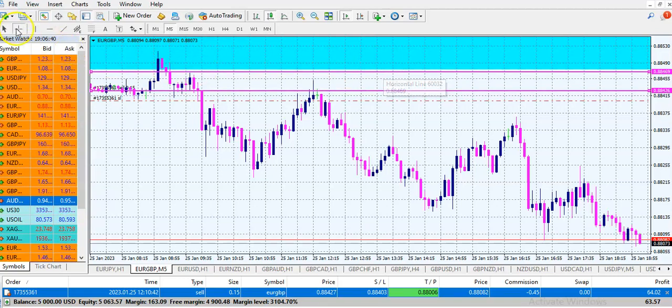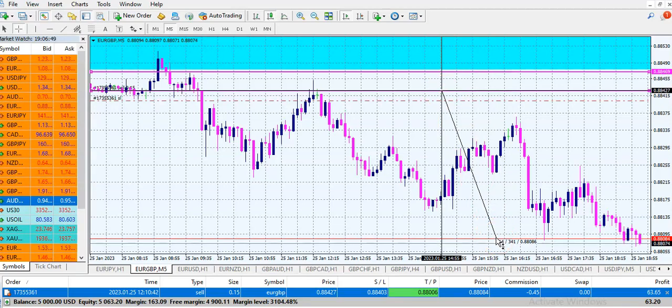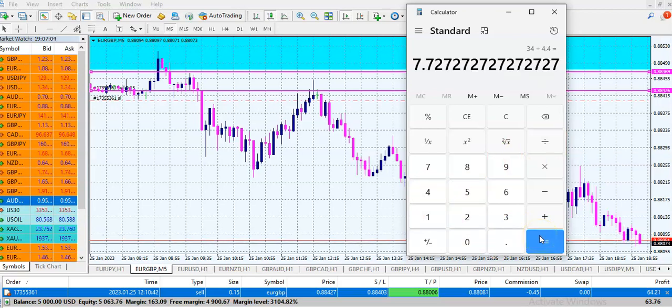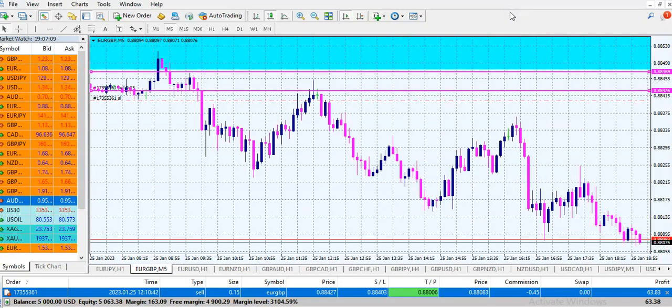So far, from our entry to the current market price, this particular market has done 34 pips. If you calculate 34 pips divided by 4.4, we've done some good numbers right there.